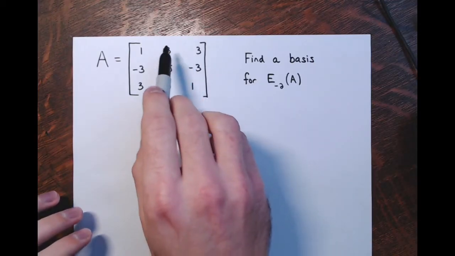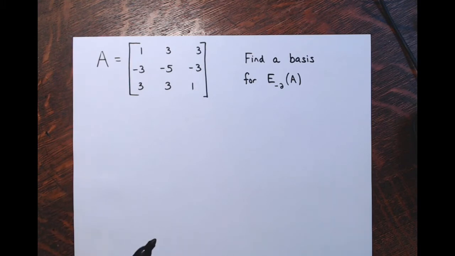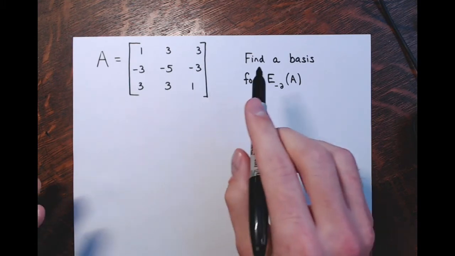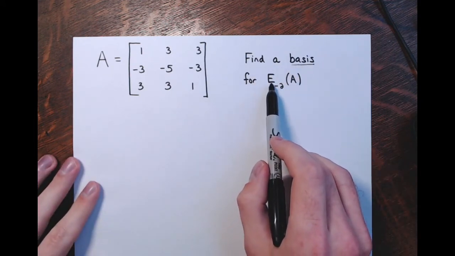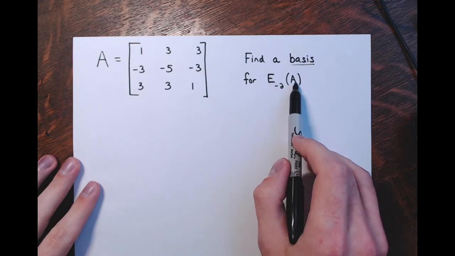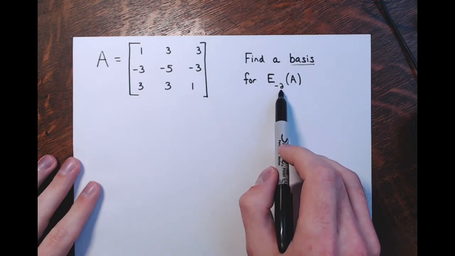Alright, so here's the matrix given in example 8.2.1 part A. It's a 3 by 3, and they're asking us to find a basis for the eigenspace of A corresponding to lambda equals -2.